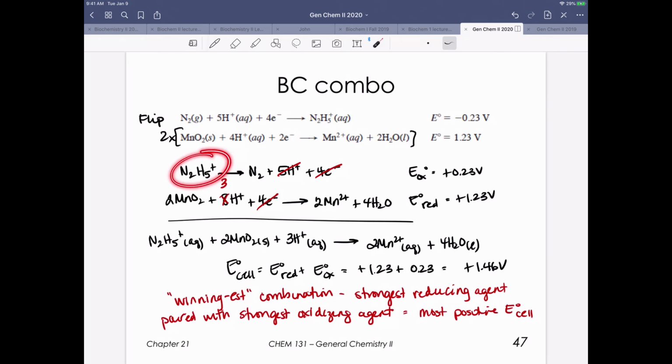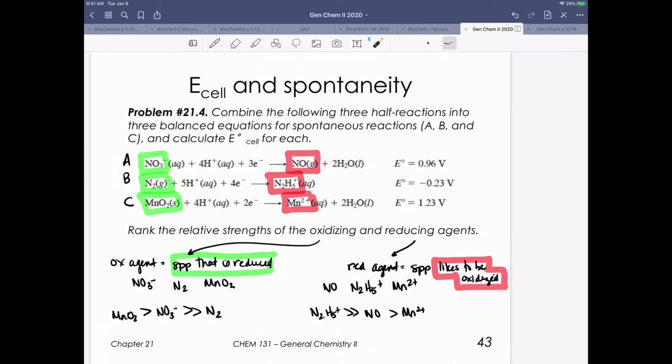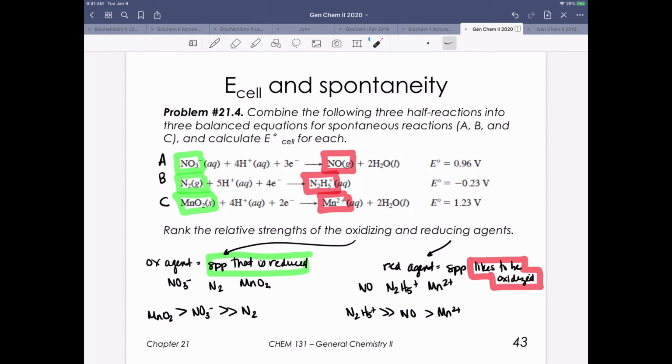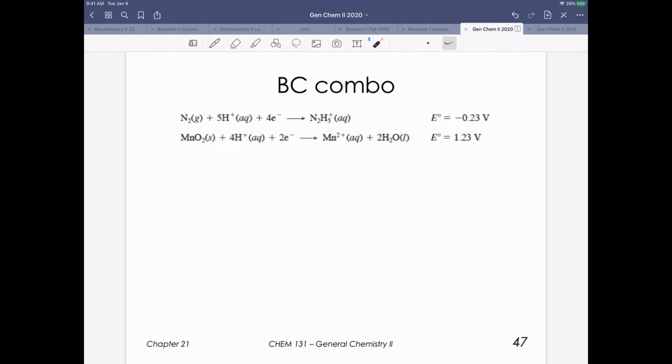So look here. Remember these two guys, N2H5 plus and MnO2. I'm going to flip back to when we figured out who was the strongest reducing agent and the strongest oxidizing agent. So the strongest reducing agent was N2H5. The strongest oxidizing agent was MnO2. So it's no surprise that mixing those strong combinations would give us the battery, if you will, that had the strongest, highest voltage.